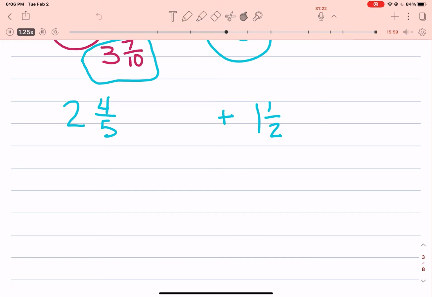I want you to wait for about 1 minute while you find the least common denominator here. What's the denominator going to be? You have 5 and 2.